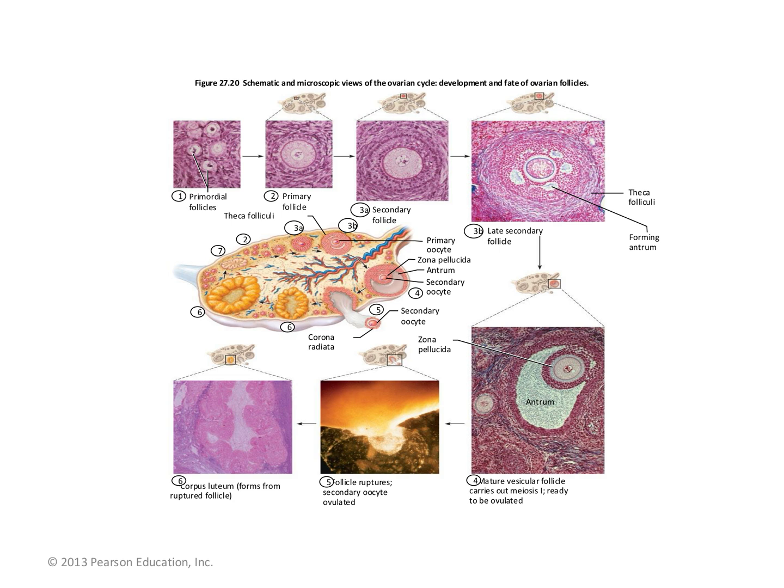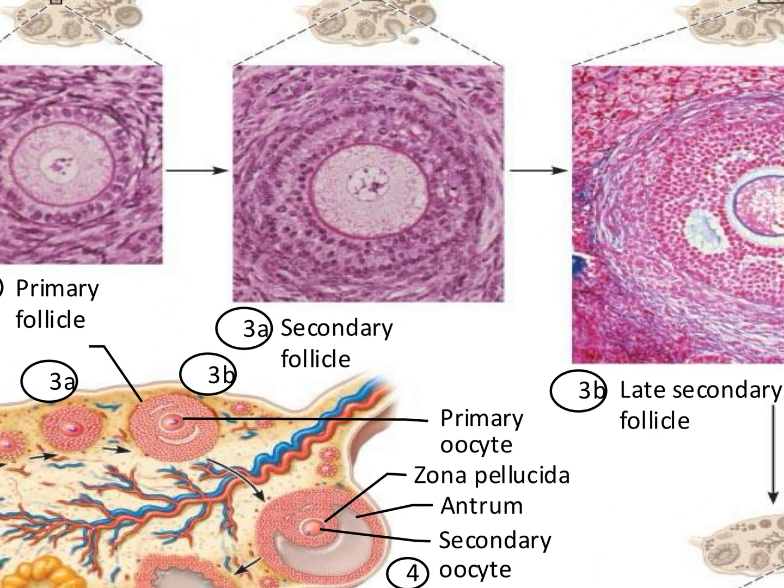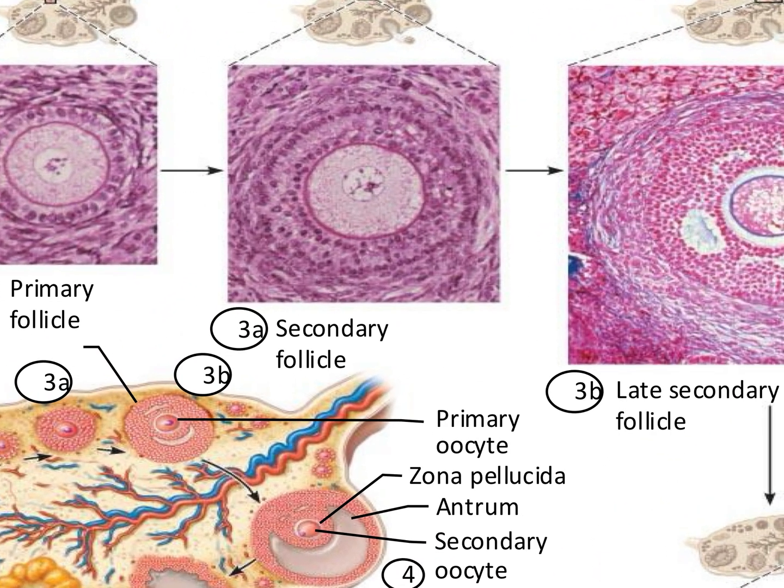So here you can see your primordial follicles, your primary follicles, secondary, and you can start to see, if you zoom in on this, the follicular fluid starting to develop.